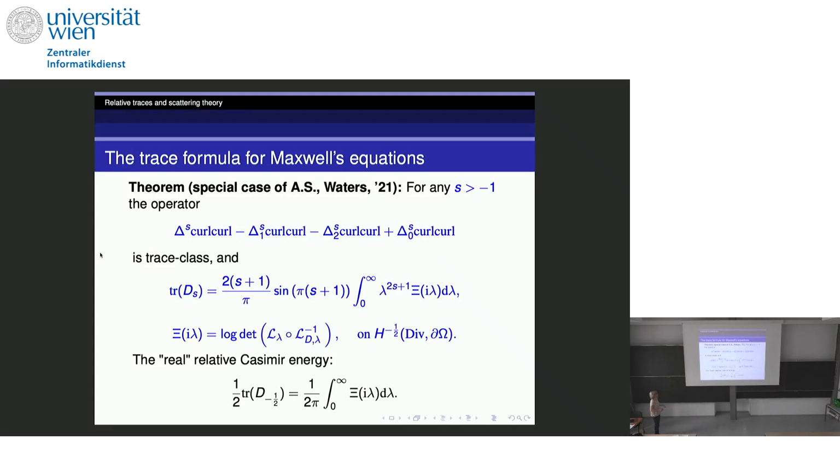But this is the unique combination, and the trace of this guy can be expressed in terms of the psi function. Psi of I lambda is log det, so this is the Fredholm determinant of these two layer operators acting on the boundary, and this is the real relative Casimir energy.